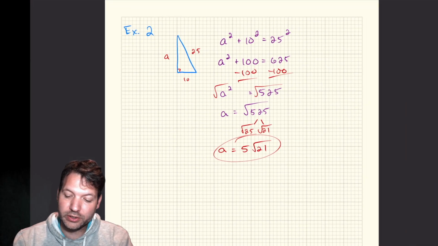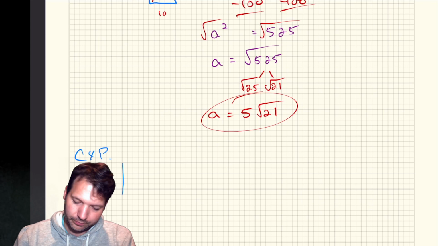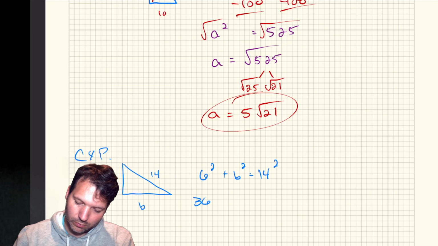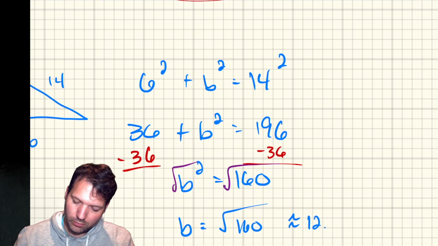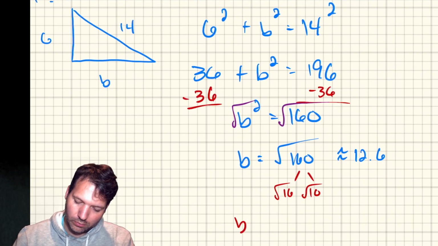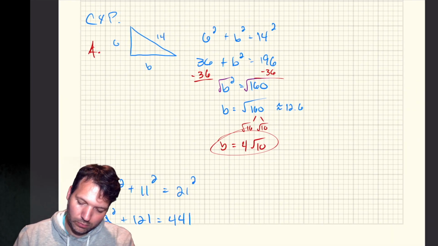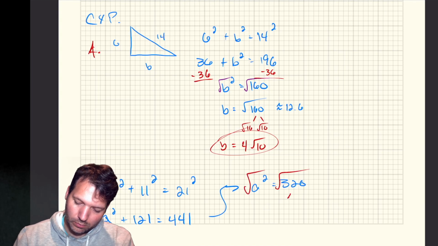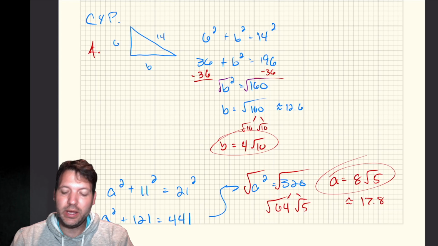Take a moment to work out Check Your Progress 2A and 2B in your notebook. All right, so there are your answers. 2A works out exactly to 4 root 10.